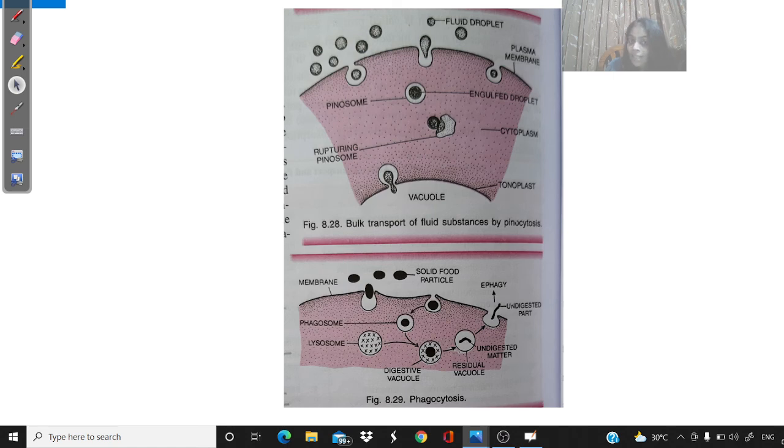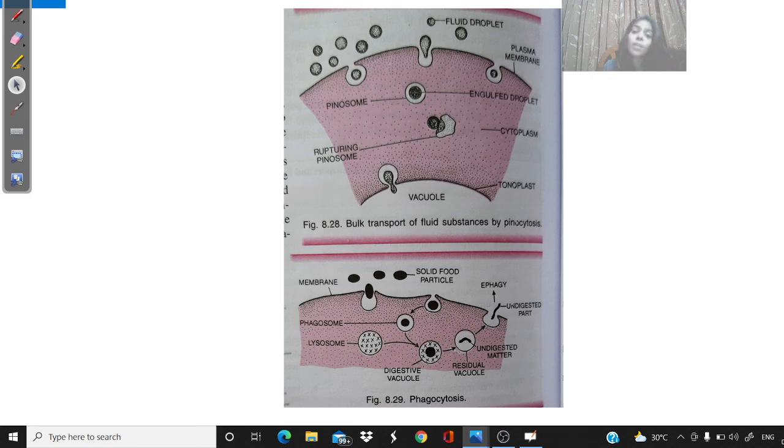Pinosome is basically a pinocytic vesicle initially formed which has the solution in it. When this pocket encloses, draws in the fluid, it forms a vesicle which is called the pinocytic vesicle.